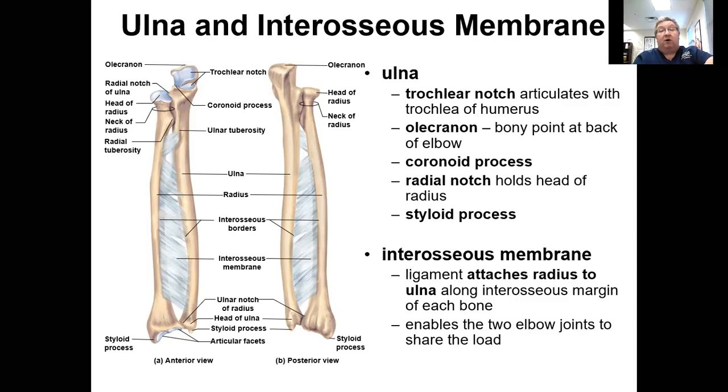And then when you return, the radius crosses back. So with your palm up, the radius and the ulna look like train tracks. They're parallel to each other. When you do palms down, it looks like an X, where the radius crosses over, and when you go palms up, the radius comes back to its original position. Okay? Beautiful. All right.